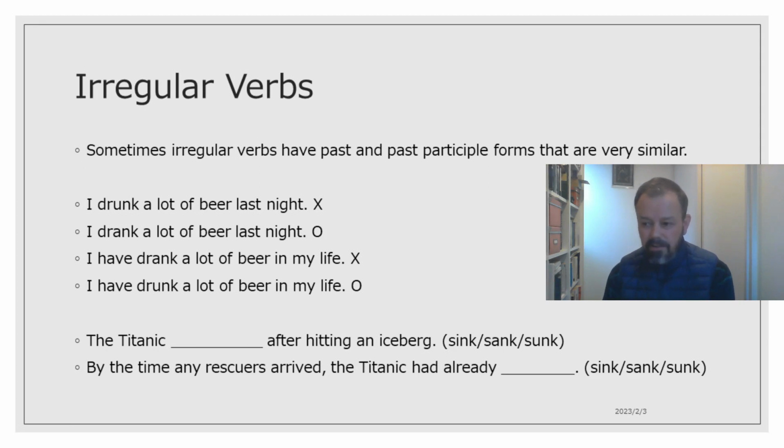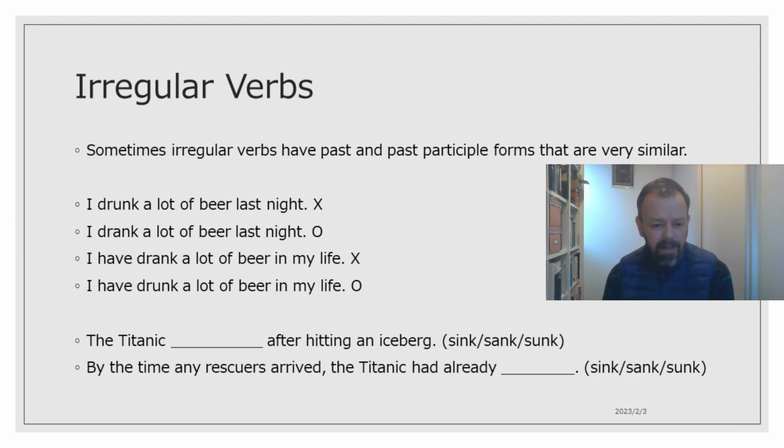A drunk is somebody who is an alcoholic, and being drunk is being affected by alcohol. So drunk is quite a common word, apart from being the past participle of drink. So I drunk a lot of beer last night is a very common mistake.